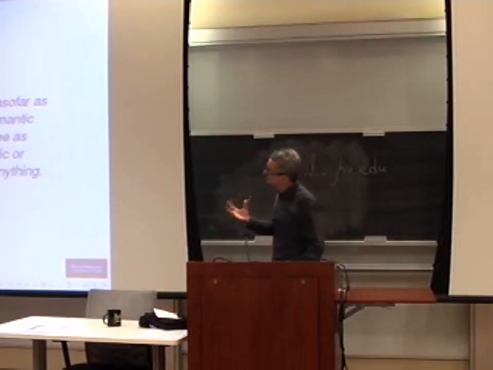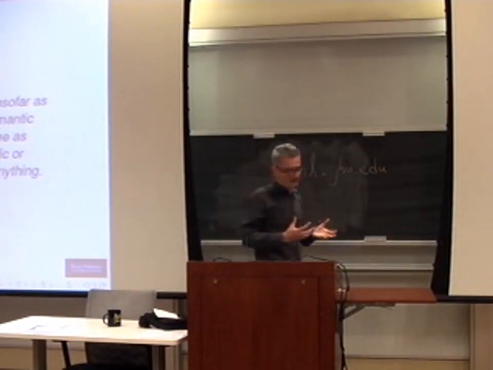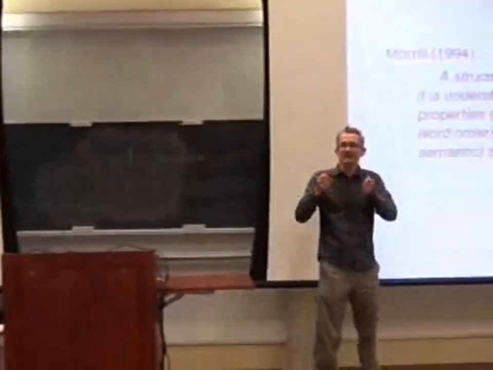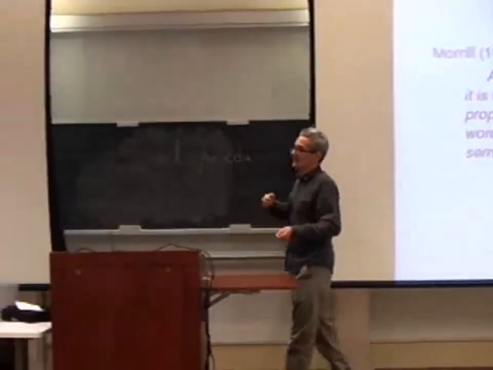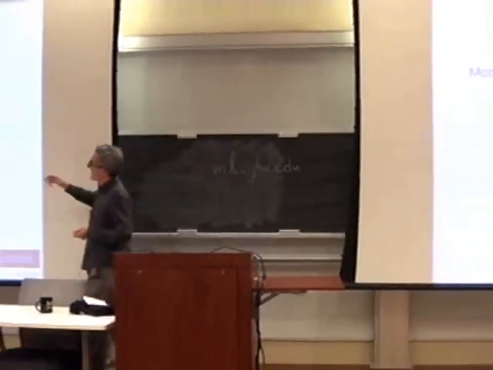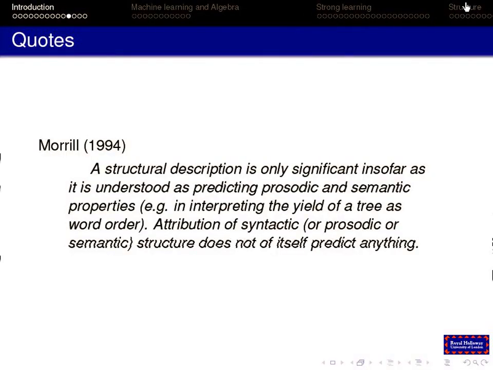And so these structures, it's kind of uncontroversial that these structural descriptions, these parse trees, are only really significant as long as they mediate the relationship between prosody, the sequence of sounds that we hear, and the semantic properties. Okay? The syntactic structure itself is not really predictive.